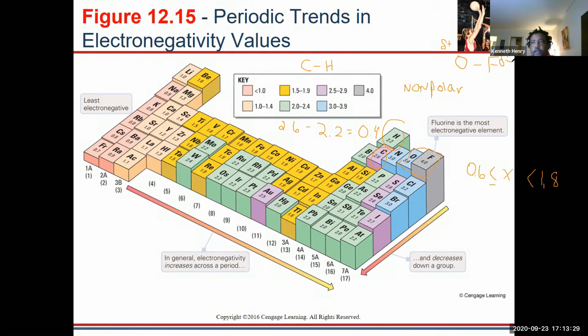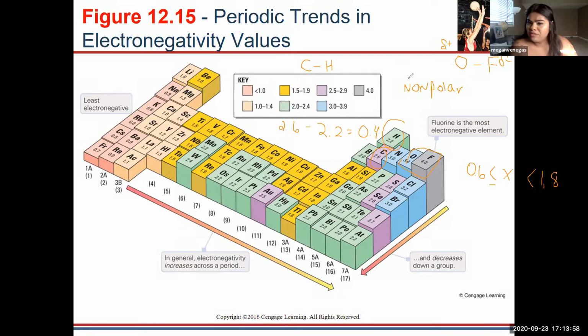And that's exactly what's happening with this electron. The electron is going to spend more time with fluorine, which is going to be the dad, and oxygen is going to be the mom. So it's there most of the time, and just a little bit of time with oxygen. Why would we know it spends more time with fluorine?